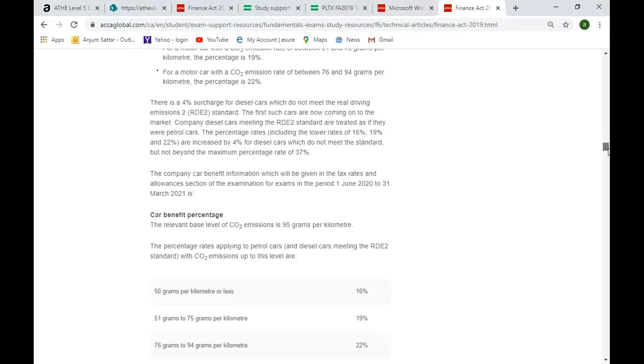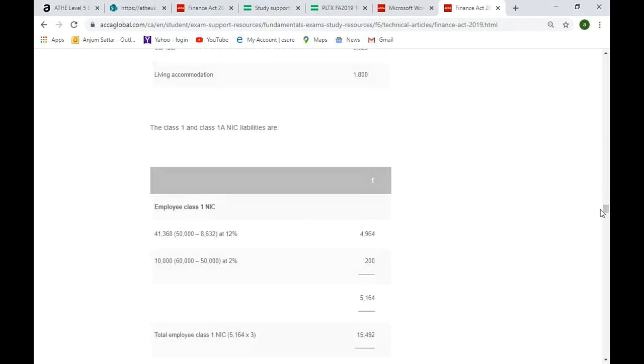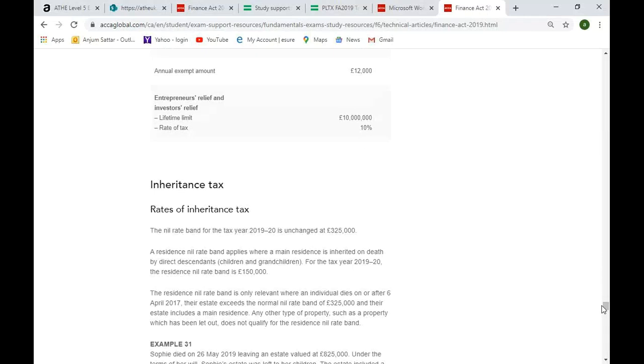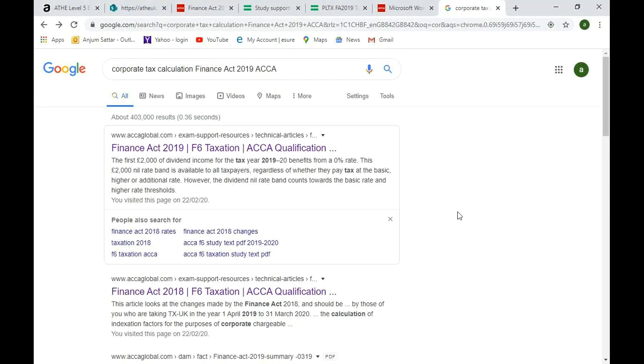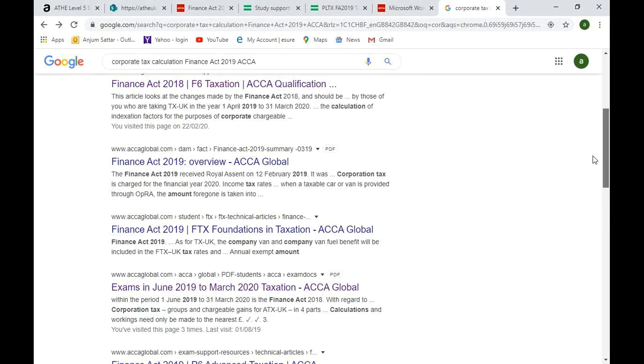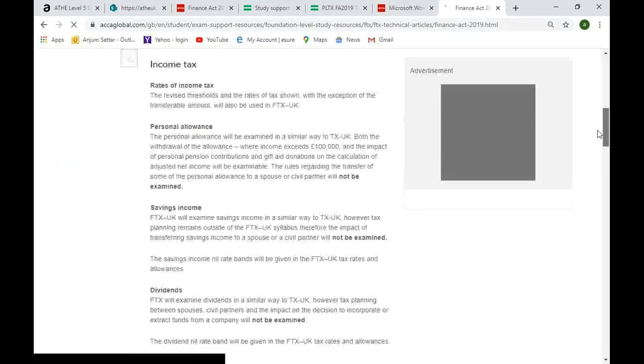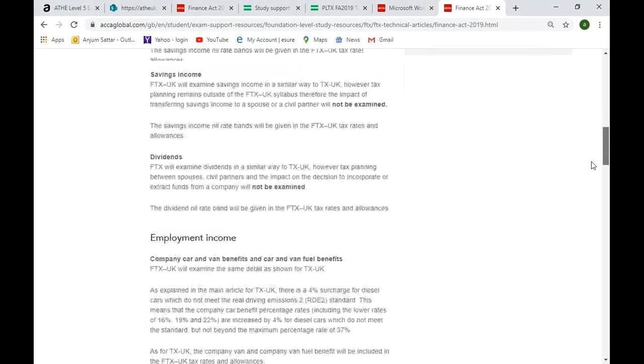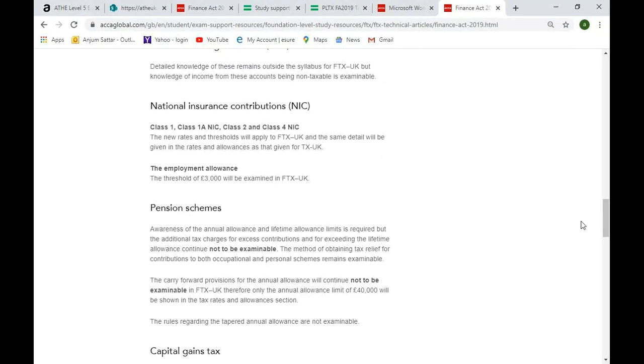So I copied some examples as well. If you have a dividend, you have cars. In the next lesson I'll pick up more of the corporation side.